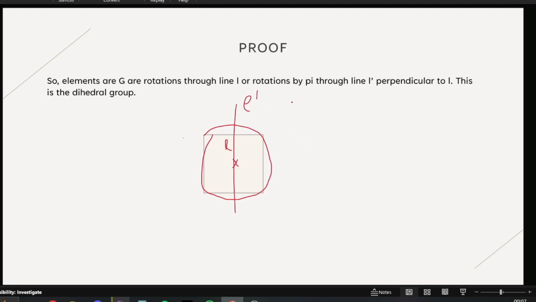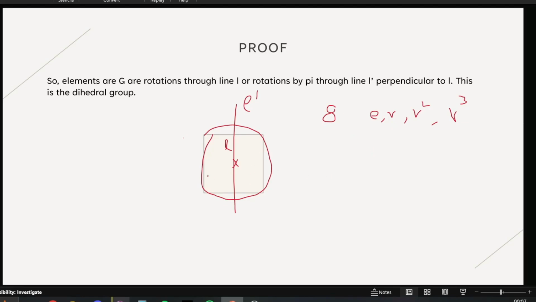What L dash does is, if we take the dihedral group of a square, we know it has 8 operations. So it is identity, r, r square, r cube. R is rotations, so each rotation is 90 degrees. R square is a 180-degree rotation, and R cube is a 270-degree rotation.